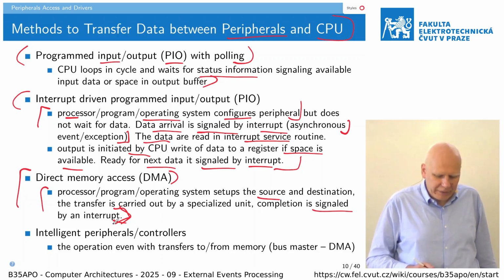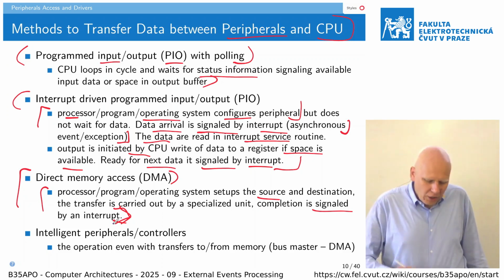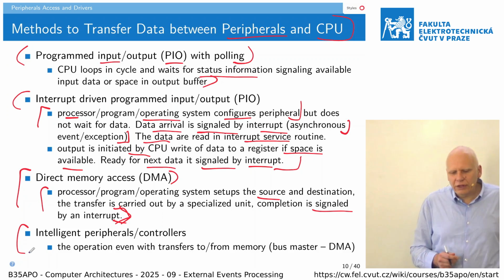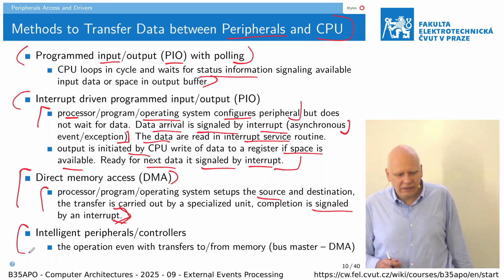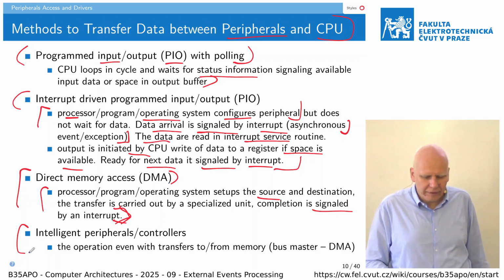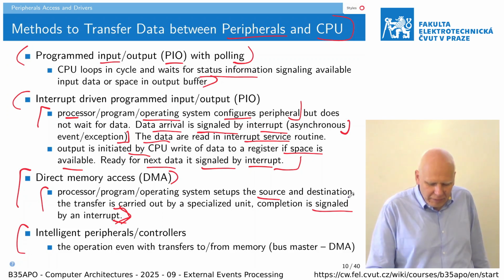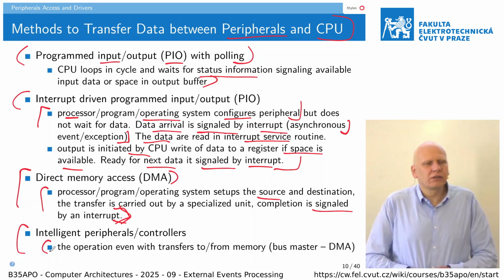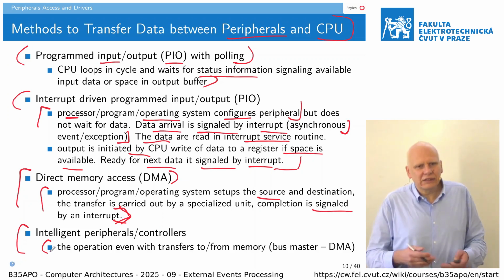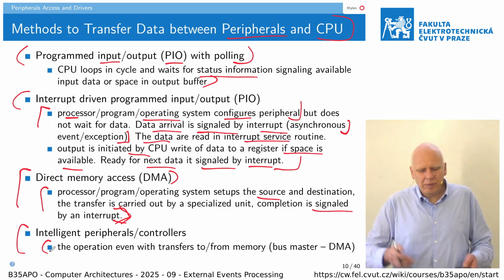But in some cases, not all data need to go through the processor. Then we can have even intelligent peripherals, controllers, where the access to the main memory is not realized by the DMA controller, but directly by the peripheral. For example, for a GPU, you send a stream of operations which should be processed by the GPU.